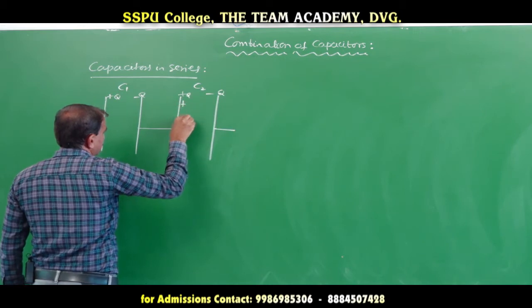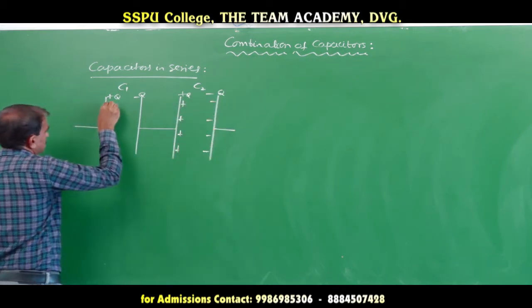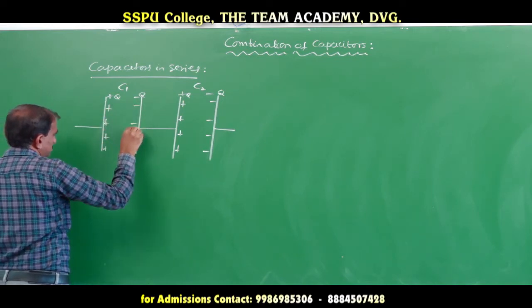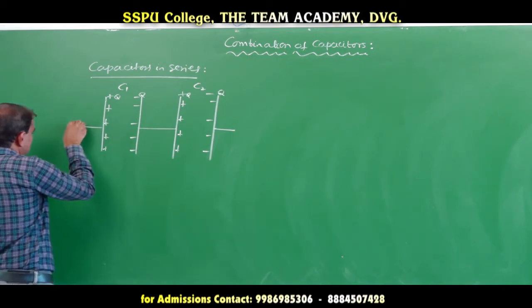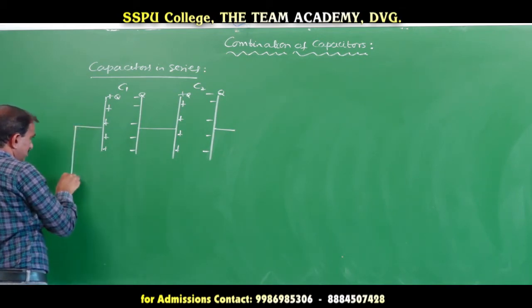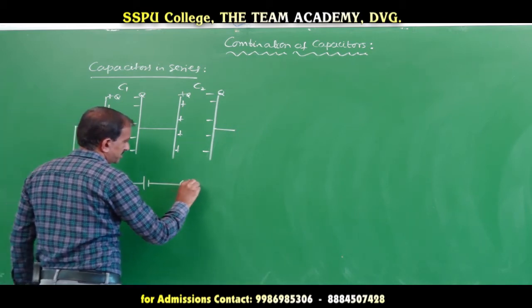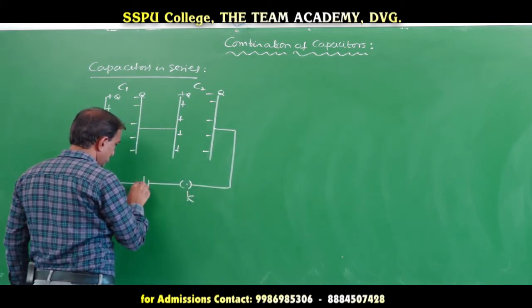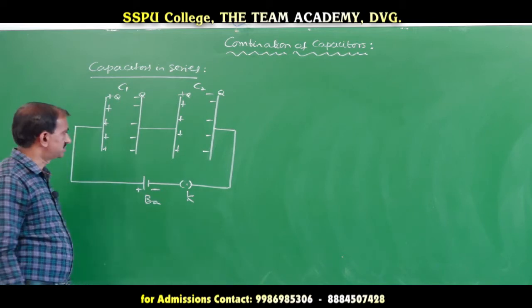These are the positive charges and these are the negative charges. These are the positive charges on capacitor C1, these are the negative charges on C1. Now this combination is connected to a battery through a plug key. This combination is called the series combination of capacitors.